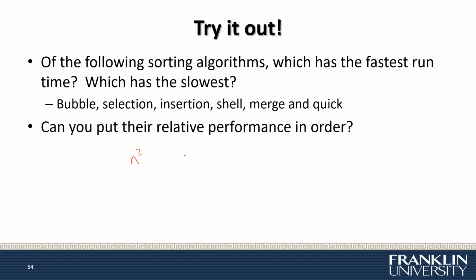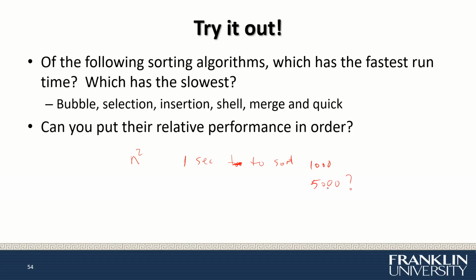Well, say if it takes 1 second to sort 1000 elements, how long would it take to sort, say, 5000 elements? Well, I said it before. What is the difference between 1000 to 5000?